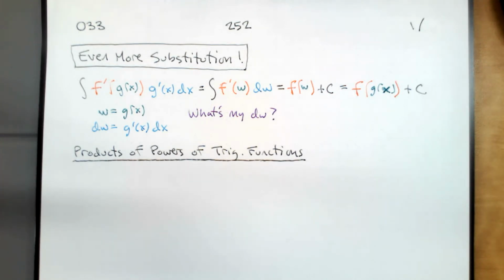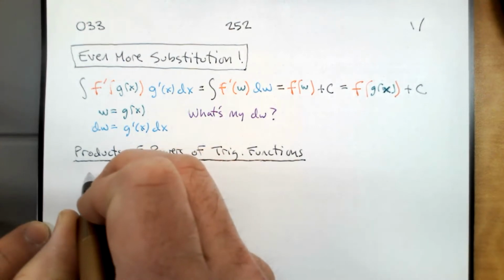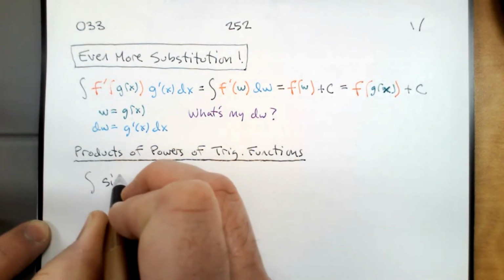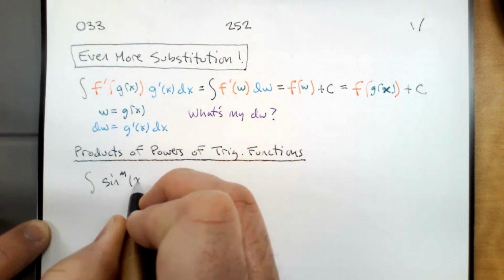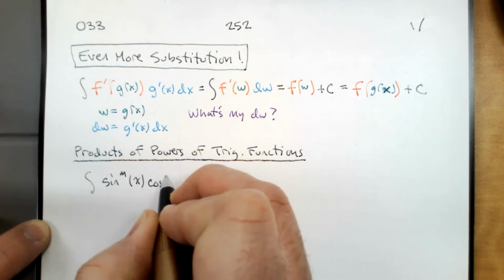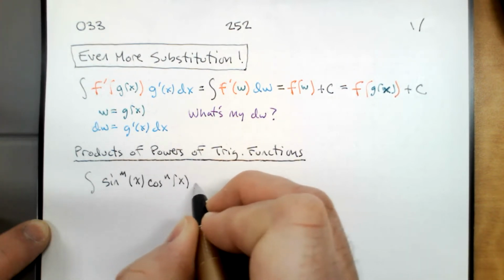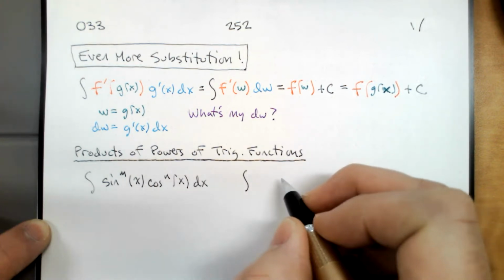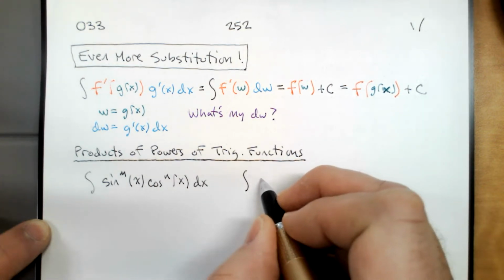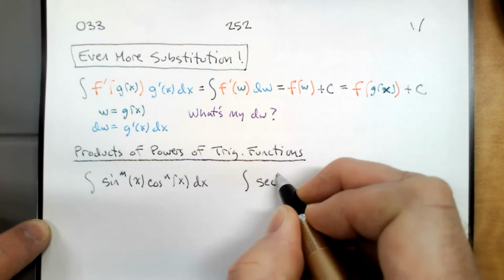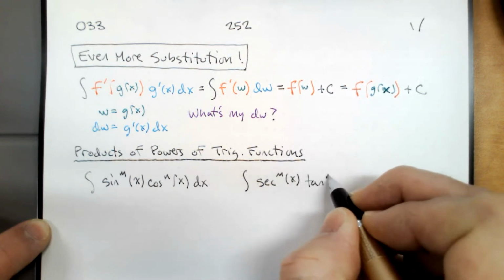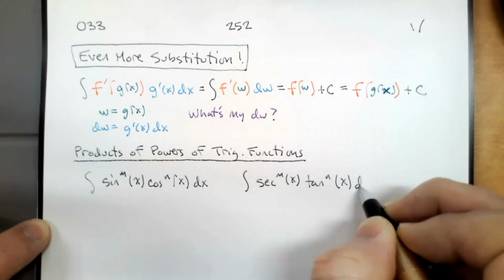So specifically, in the category of products of powers of trig functions, I want to talk about the integral of, let's say, sine to the m of x, cosine to the n of x dx, and pairs of secants and tangents: secant to the m of x, tangent to the n of x dx.